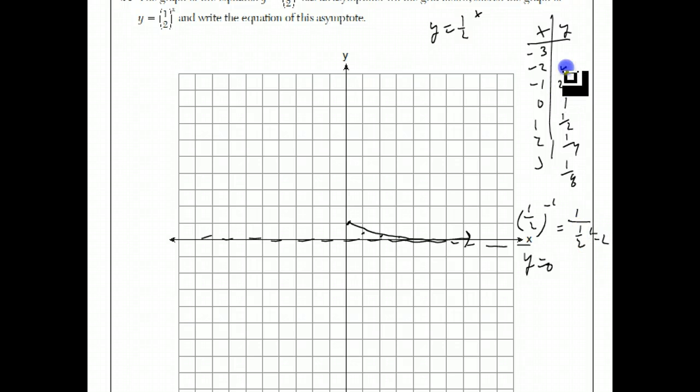And this actually becomes 2, 4, 8, which gets us this, somewhere up here. That's what it looks like, and that's the graph. Sorry about that interruption there, but that's the answer. Both of those things you need to get full credit for this question. Equation of the horizontal asymptote, and also the graph itself.